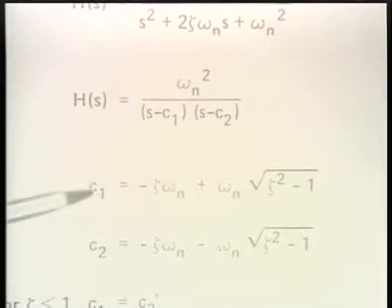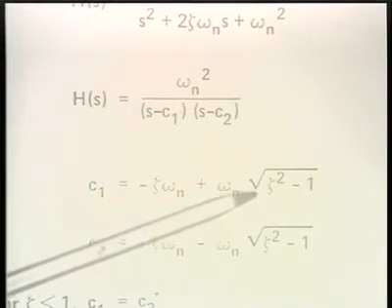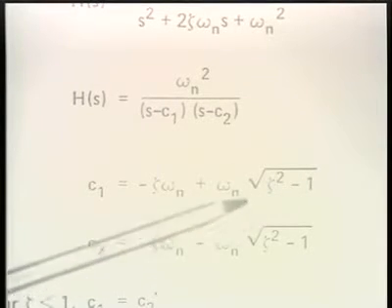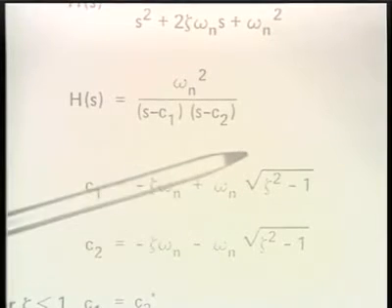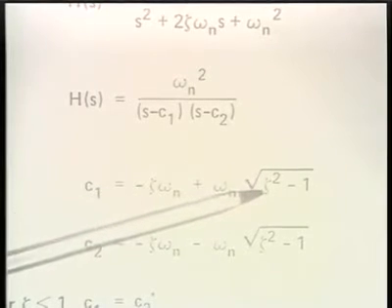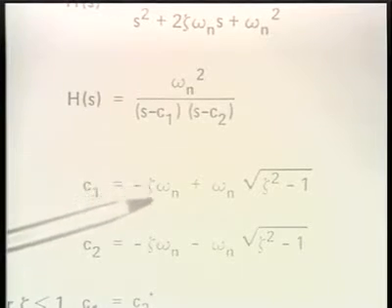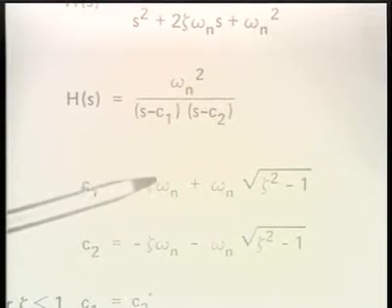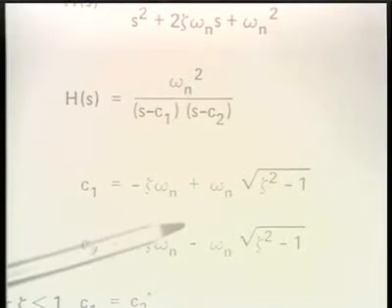And notice, incidentally, that if zeta is less than 1, then what's under the square root is negative, and so this, in fact, corresponds to an imaginary term for zeta less than 1. And so the two roots then have a real part, which is given by minus zeta omega sub n, and an imaginary part.